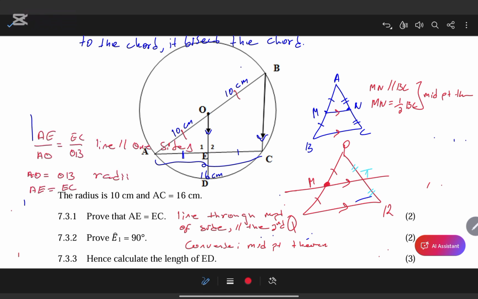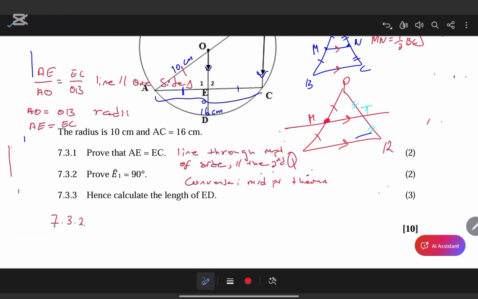Some of you went to the extent of finding the value of AE and finding the value of EC and show that they are equal, and that is also acceptable. Again, there are many ways.